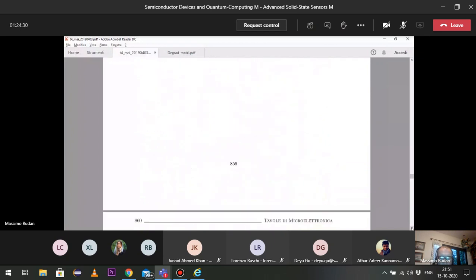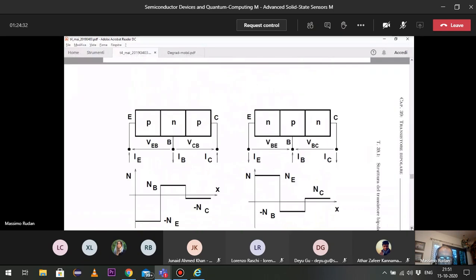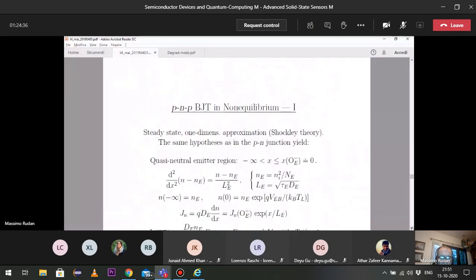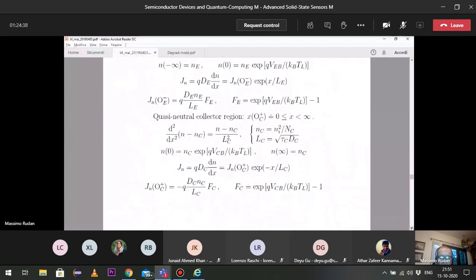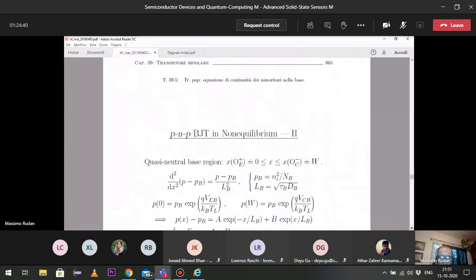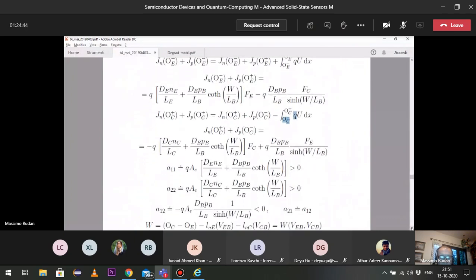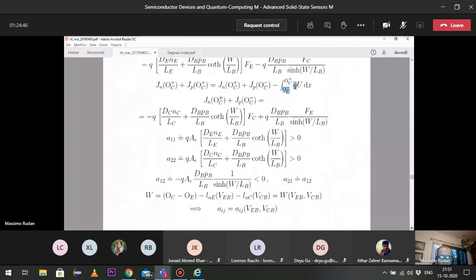At this point, we can take the other limit. So we can approximate the exponentials in the case where the exponent is very small, much smaller than 1. Okay. So again, let's take A12.